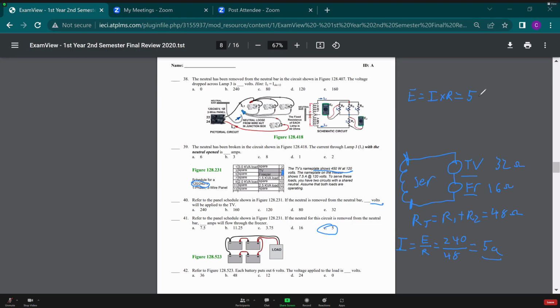I'll take my 5 amps multiplied by my 32 ohms for my TV specifically. 5 times 32, I believe is what? 160? 160 volts.